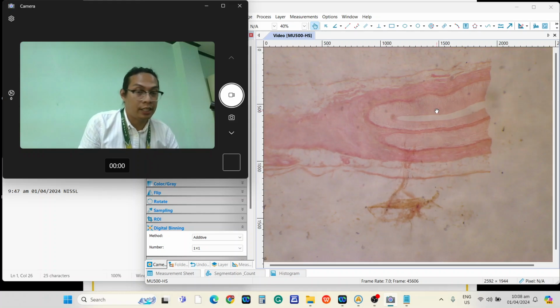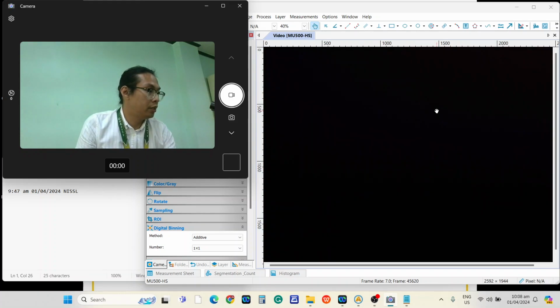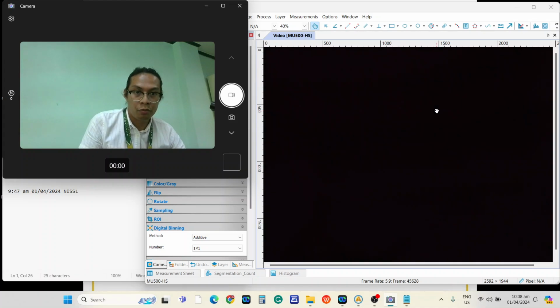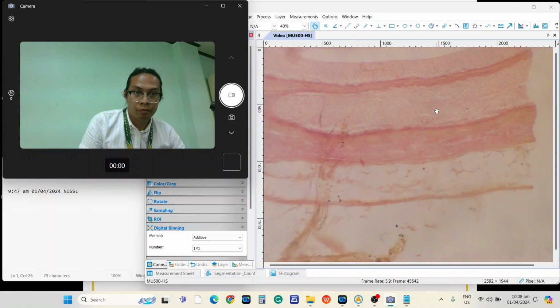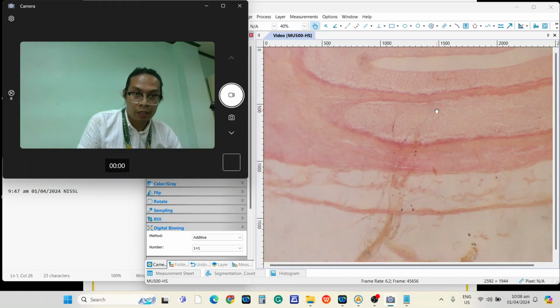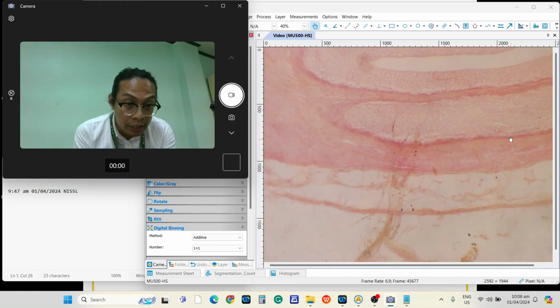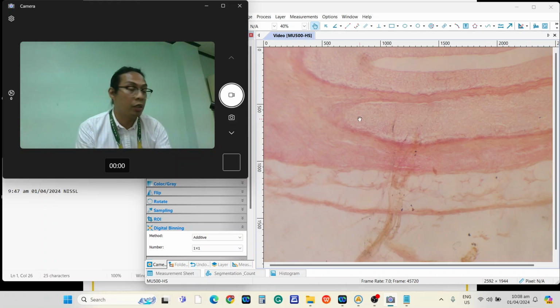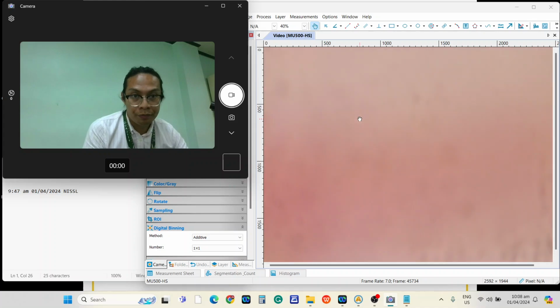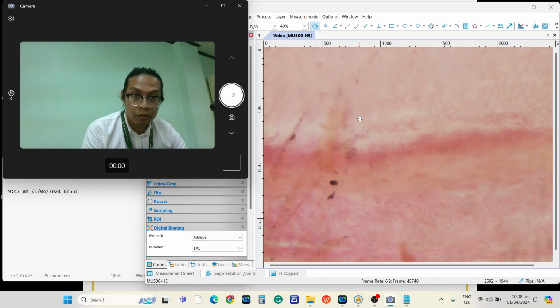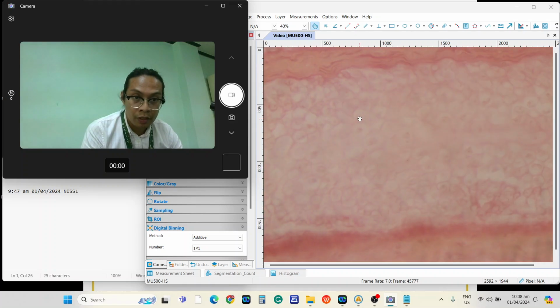Tingnan natin siya under LPO. Now here, ma-appreciate natin ang epineurium. Diba? That is the epineurium. Okay? Punta tayo deeper.